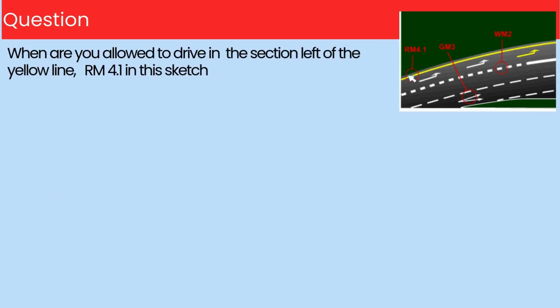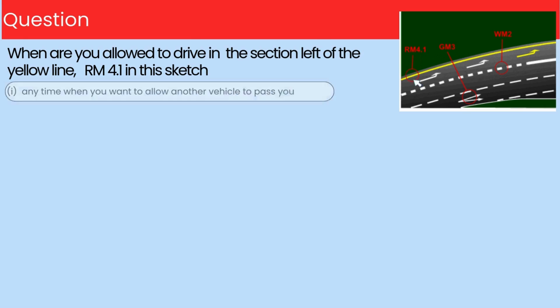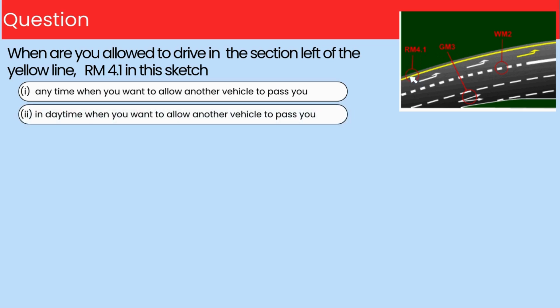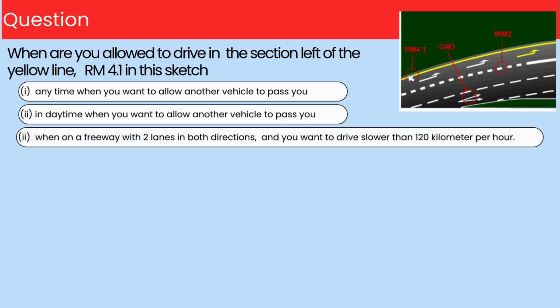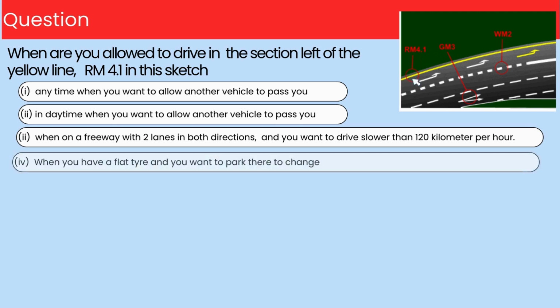Question: when are you allowed to drive in the section left of the yellow line, RM 4.1 in this sketch? 1. Any time when you want to allow another vehicle to pass you. 2. In daytime when you want to allow another vehicle to pass you. 3. When on a freeway with 2 lanes in both directions, and you want to drive slower than 120 km per hour. 4.